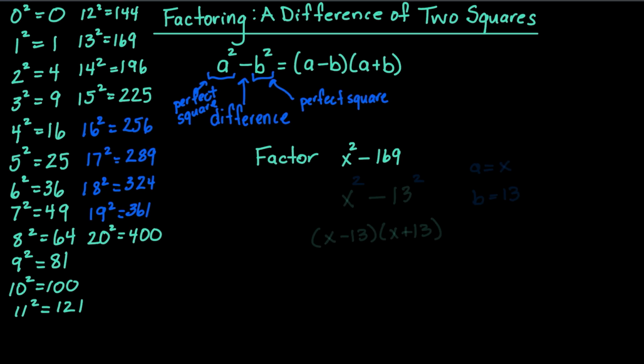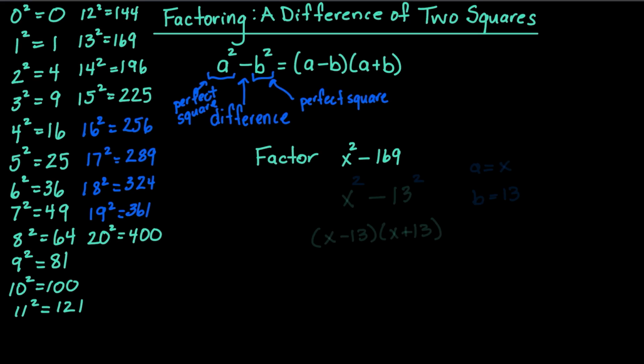Before we take a look at our next example, on the left-hand side, I've listed out the first 21 perfect squares. Now, the ones that are in blue are ones that do not come up very often. It's not often that you're going to see them. The ones that are in turquoise are ones that are fair game most of the time as you're learning and factoring.